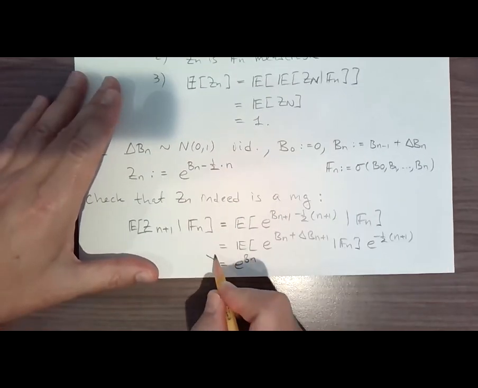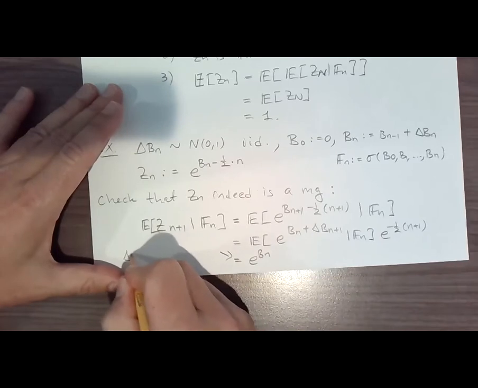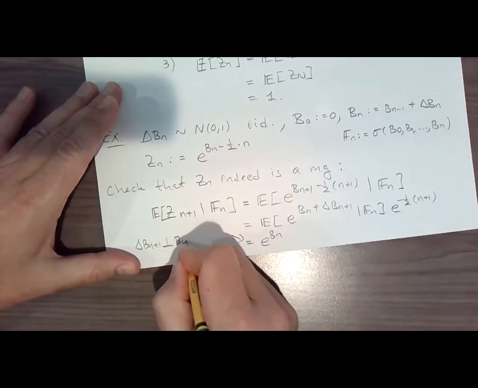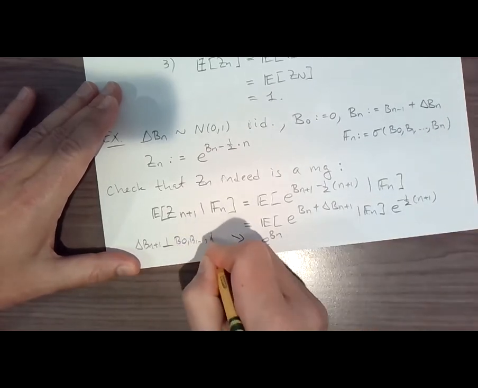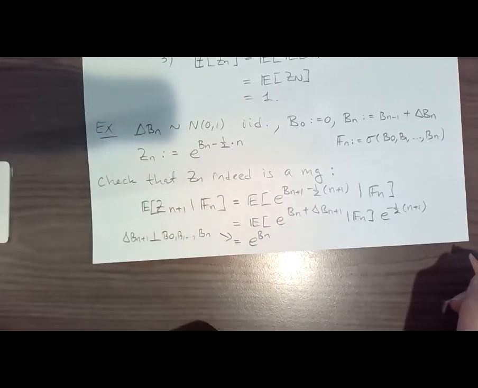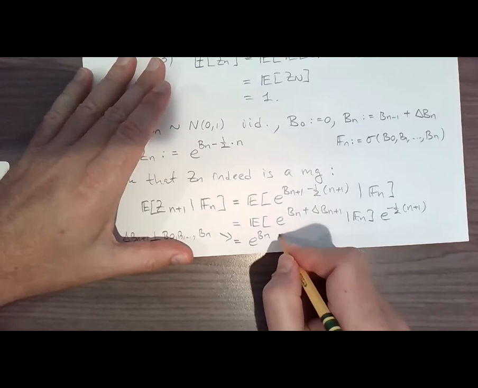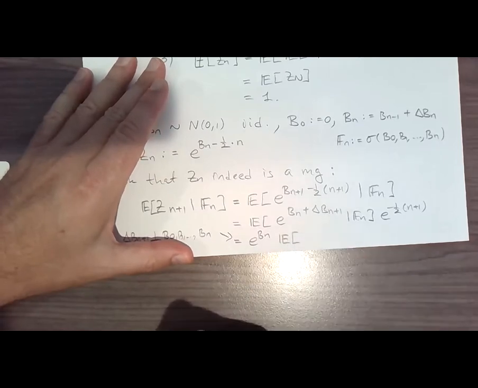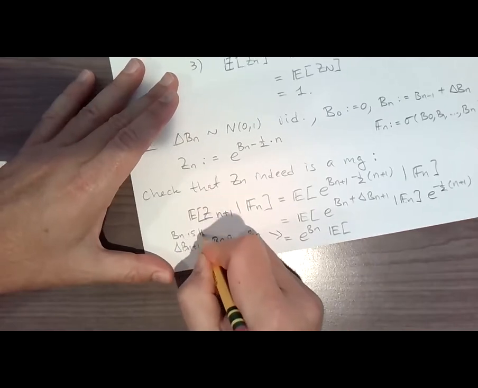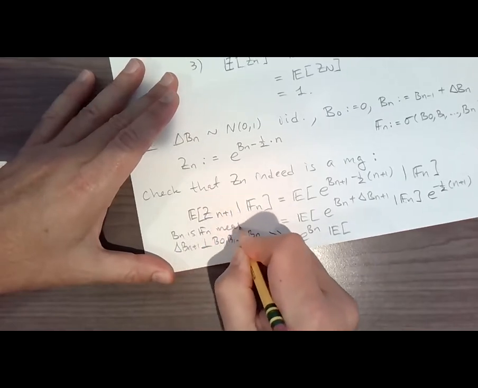So here we use that delta Bn plus 1 is independent of B0, B1 up to Bn. There are two properties we are using: this one, and also that Bn is Fn measurable.